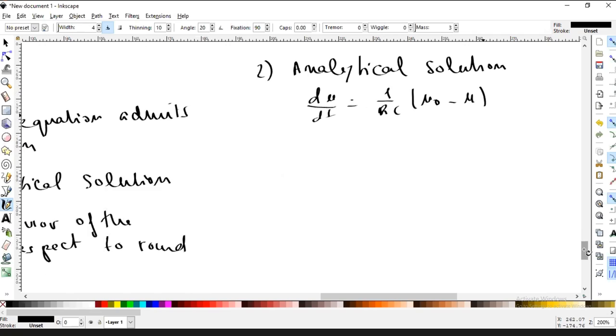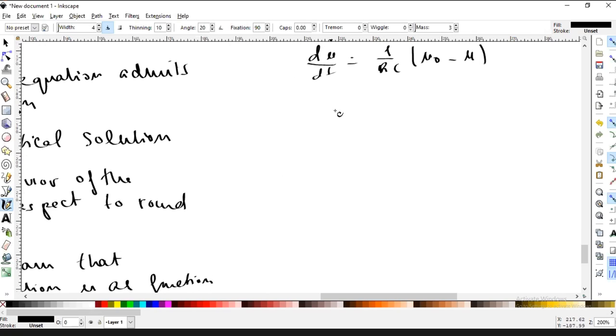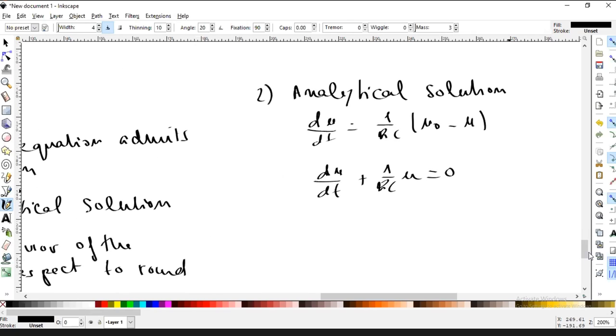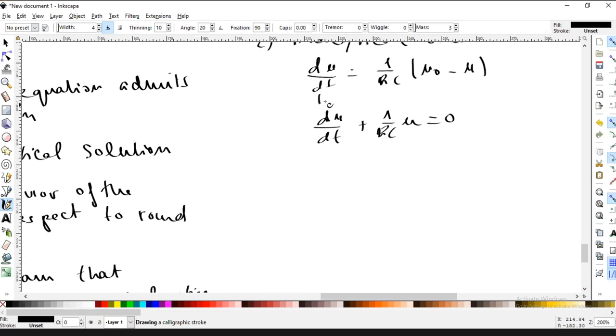First, we consider the homogeneous equation: du over dt plus 1 over RC times u is equal to 0. This is the homogeneous equation.